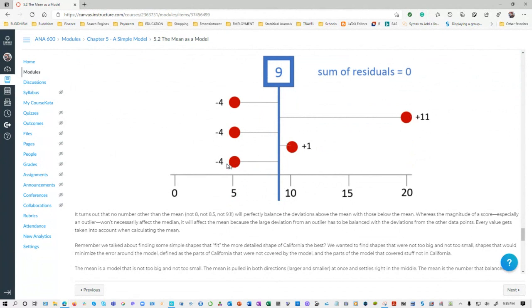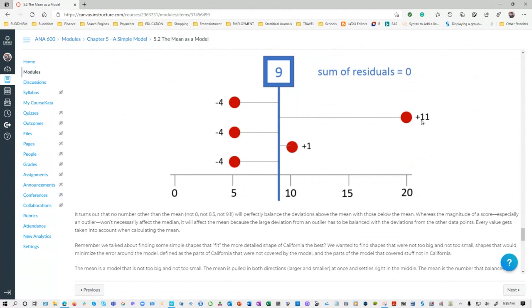Take the gap with respect to the mean: 4, 4, 4, minus 4, minus 4, minus 4. Below the average, minus 12. On top, the deviation, how far that point is away from the mean: 1 unit and 11 units, together 12. That will balance the deviation.